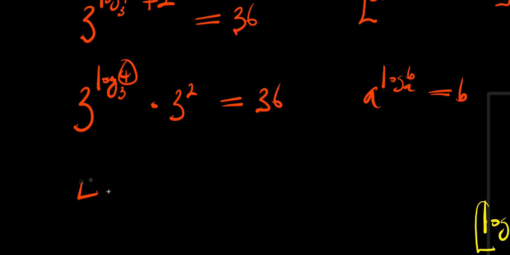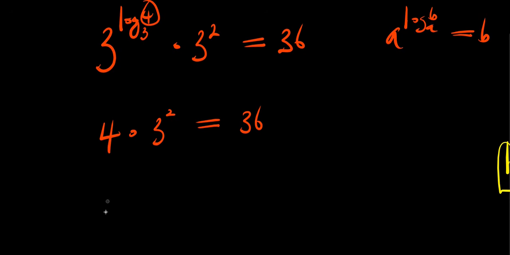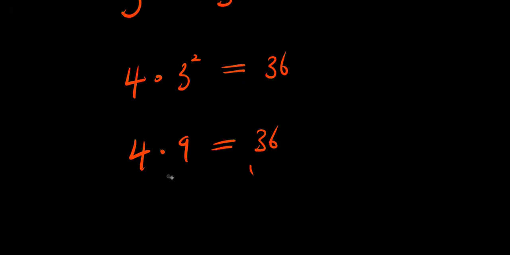We have 4 here times 3 power 2 equals 36. We have 4 times 3 power 2, which is 9, equals 36. 4 times 9 is 36, and this equals 36.